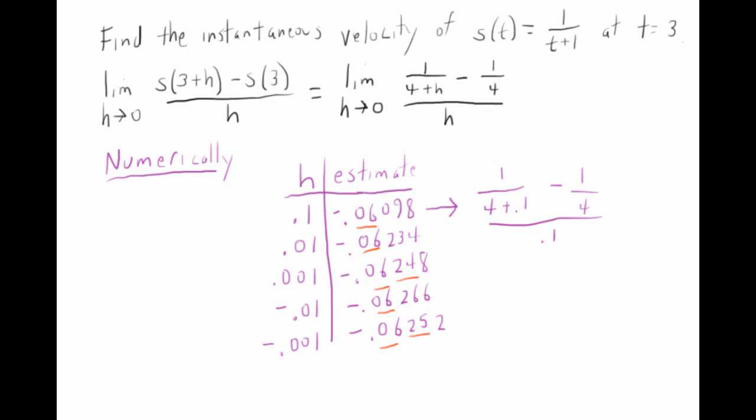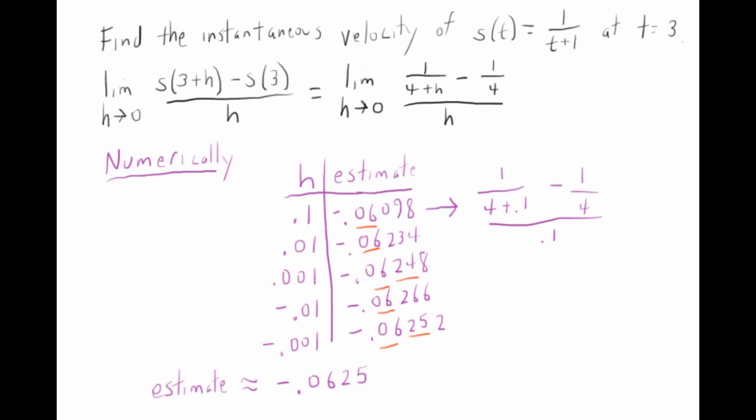Alright, so in other words, we've got a guess. Our estimate is approximately equal to negative 0.0625. That's our guess for the instantaneous velocity of this function at that point numerically.